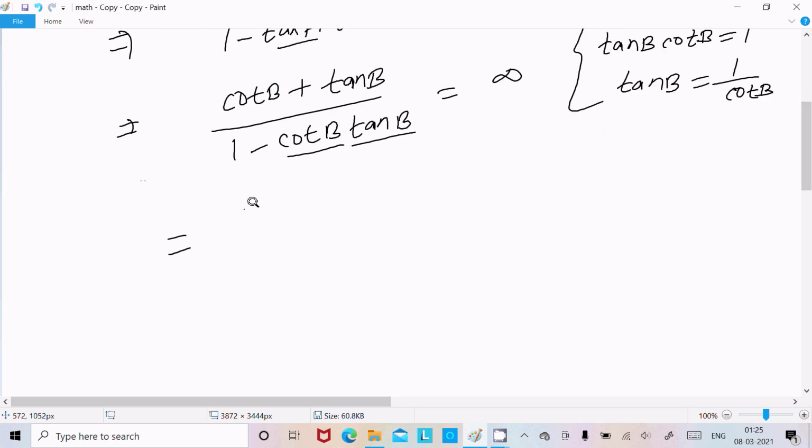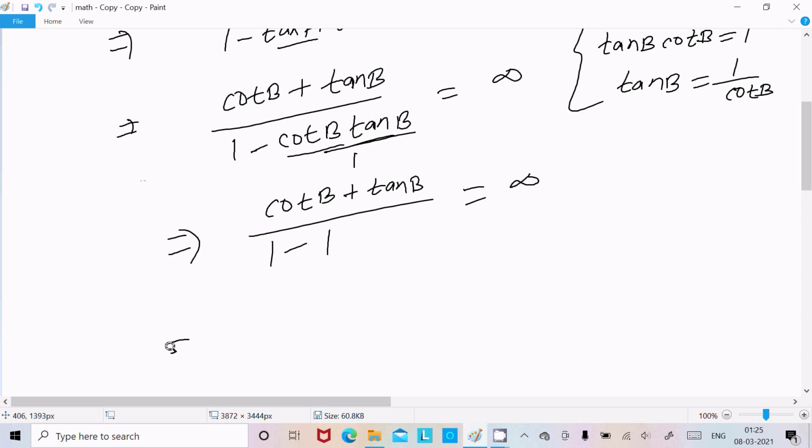So here in place of this we can write cot B + tan B, and here the value of tan B cot B is 1, so 1 minus 1, and here infinity. Now we can write here cot B + tan B, and 1 minus 1, the value is 0.